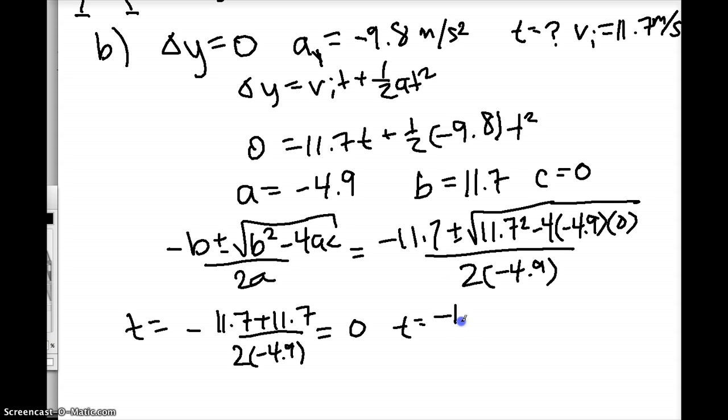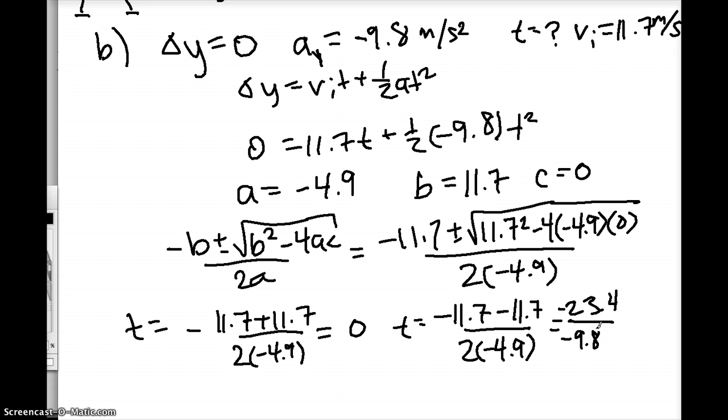And that's negative 11.7 minus 11.7 divided by 2 times negative 4.9. This top number is 23.4, and at the bottom we have a negative too, negative 9.8.